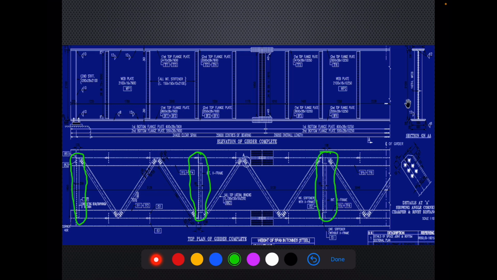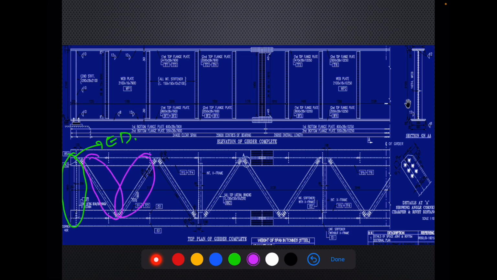So we have the end diaphragm, these TLBs, top lateral bracings, and then we have intermediate cross frames. So this is the basic arrangement of the top of the plate girders.